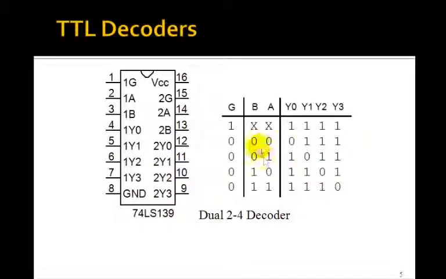So you see, depending upon what B and A are, this value of G will be steered to the corresponding output. If G is 1, then it's disabled and that output will be 1, so it looks as if it just goes through. So this is a case of a demultiplexer, just the opposite of a multiplexer.